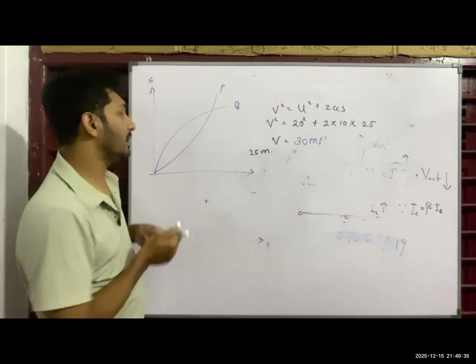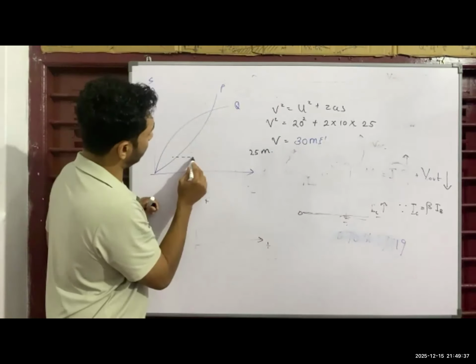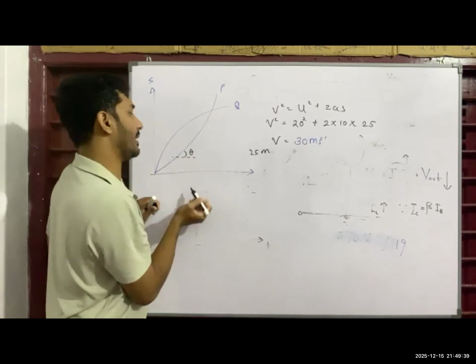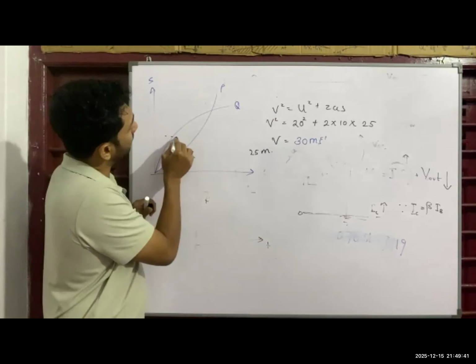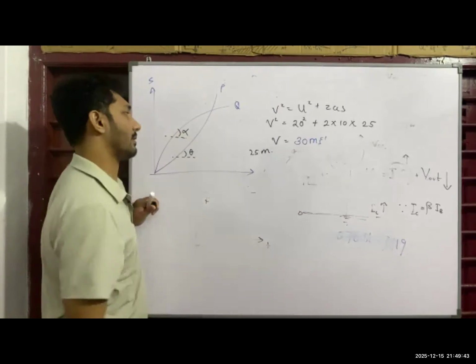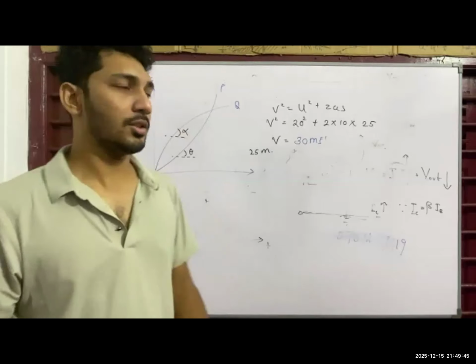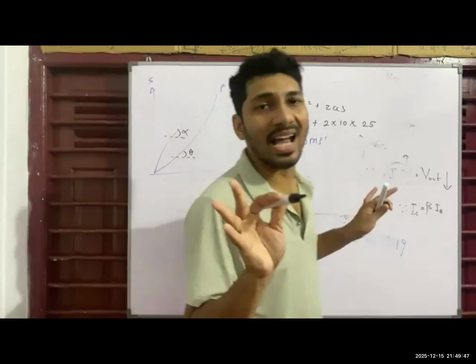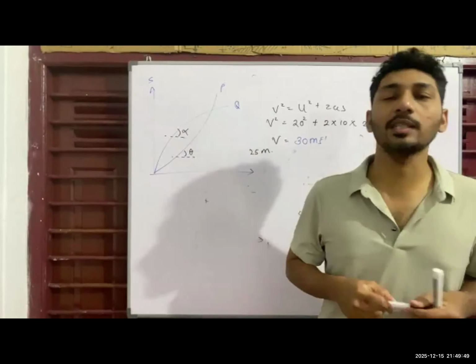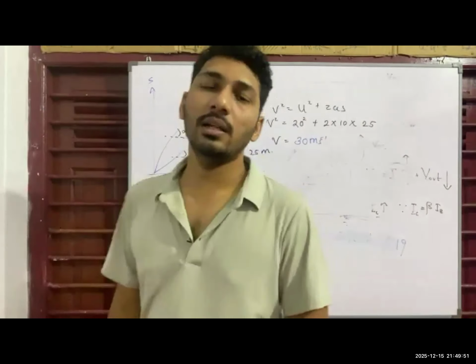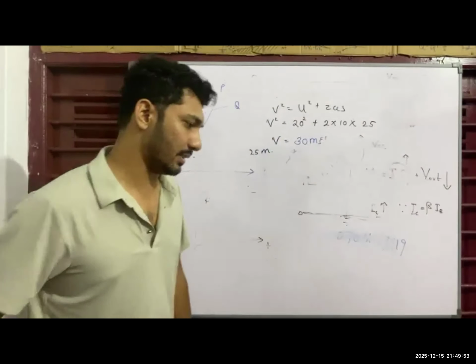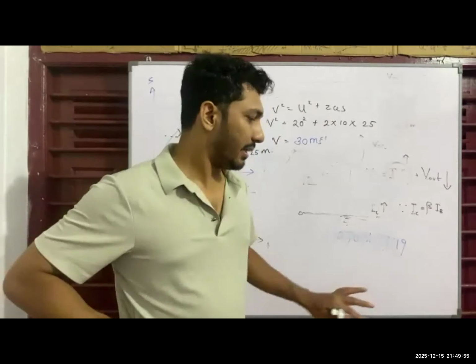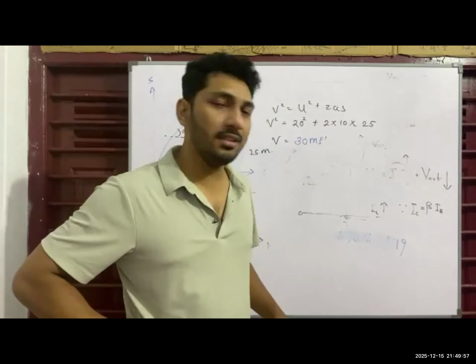If you look at the angle that P makes with the x-axis, it is an acute angle. If you look at the angle that Q makes with the x-axis, acute angle. So both have the same signs, plus signs for the gradient. Therefore, they will have the same directions of the velocities.